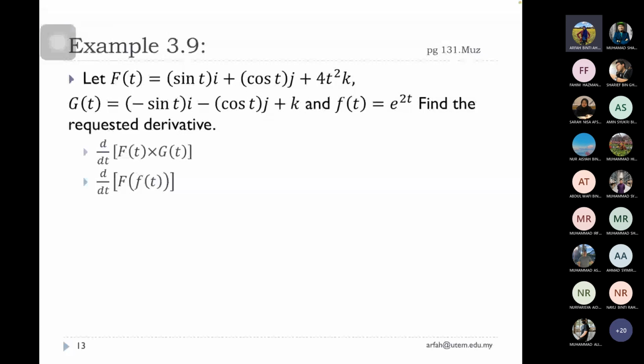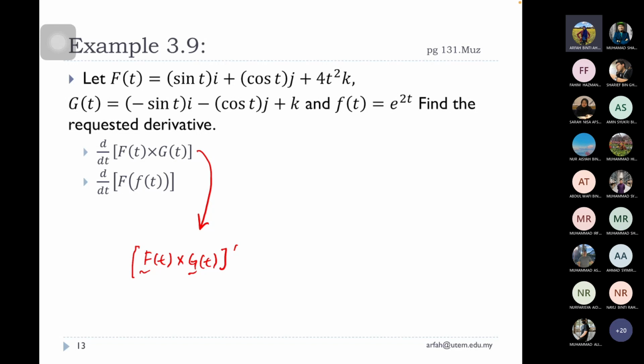Find the requested derivative. So the first one, the dot product, meaning that untuk yang ini sebenarnya awak nak dapatkan f(t) kali dengan g(t) dan apakah dia punya derivatif.